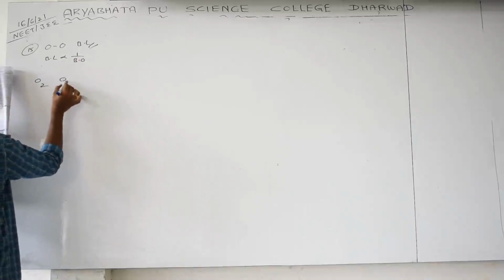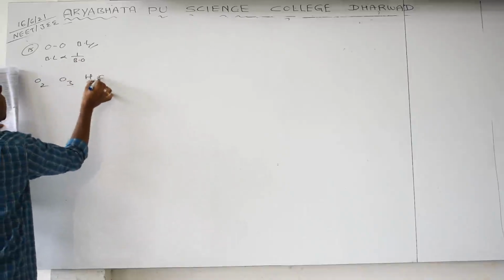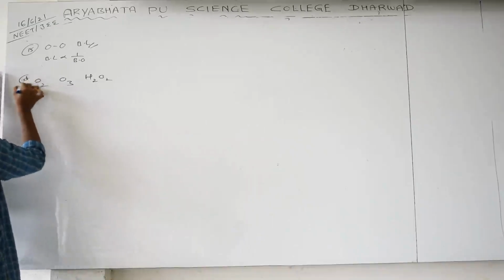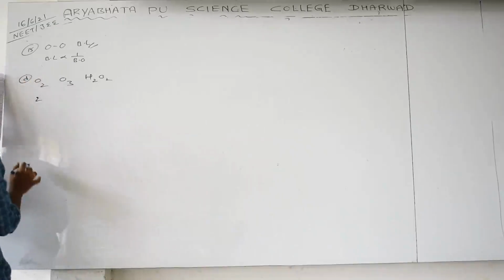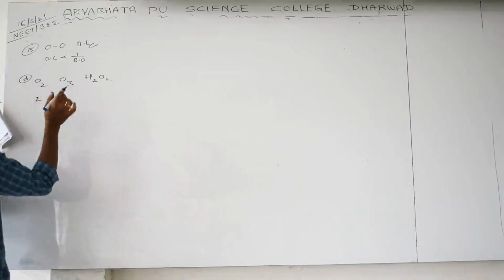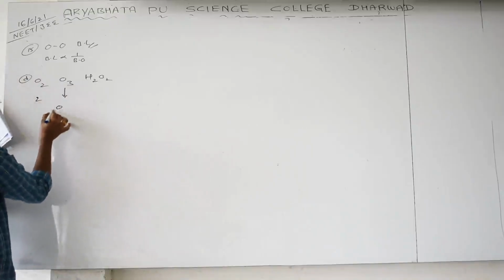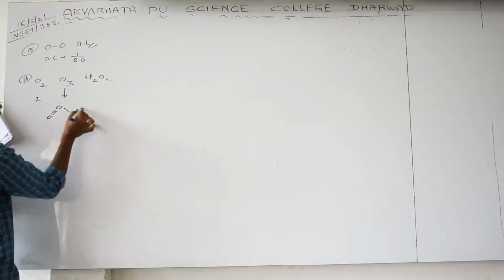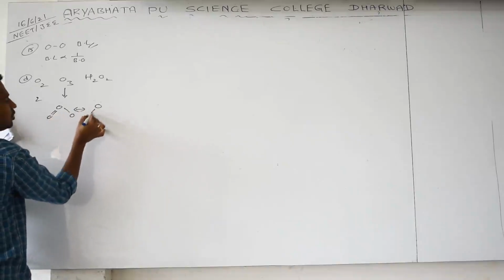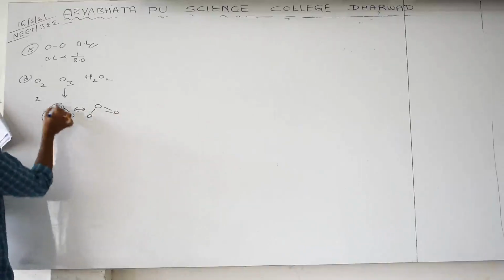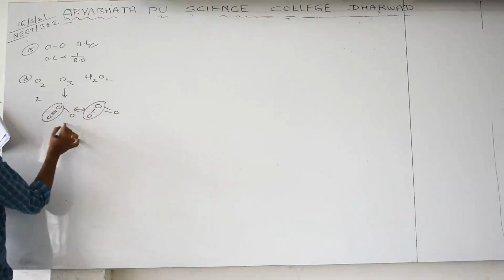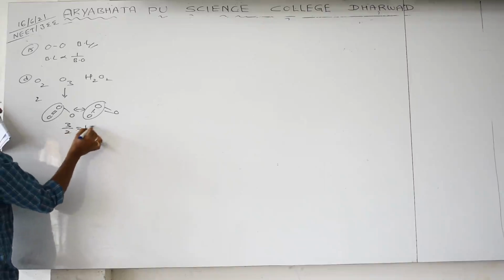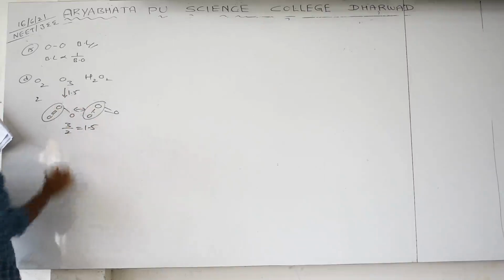O2, O3, H2O2. Option D, you check it. O2 means bond order 2. O3 gives 2 resonance structures: O double bond O and single bond O, and O single bond O and double bond O. Between two atoms how many bonds are there? 3 bonds over 2 resonance structures. That's why bond order is 1.5.